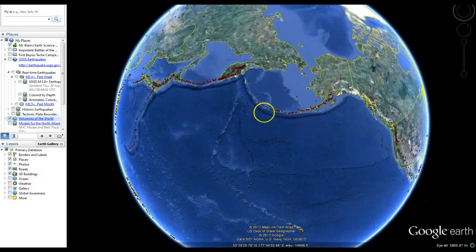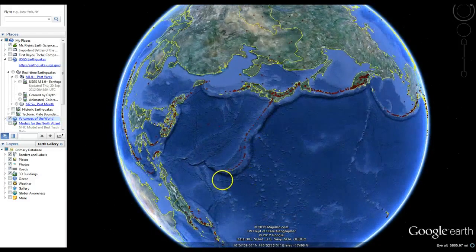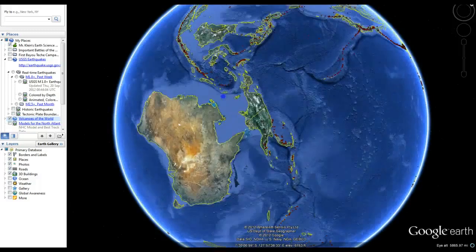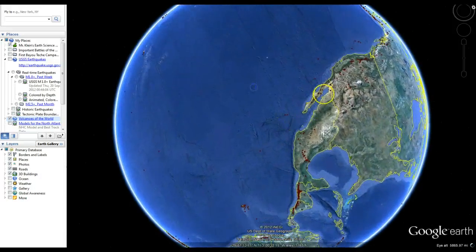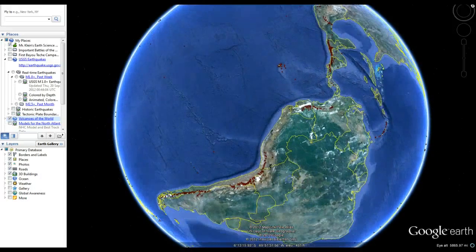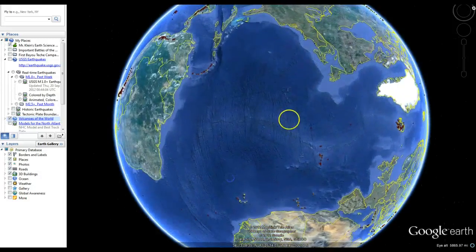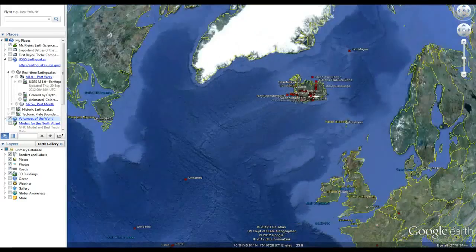There's a lot of volcanoes right here along this trench, and notice these volcanoes follow along these trench lines, and right here too, and there are even volcanoes in New Zealand. And if we go across the western United States and look at Central America, we see the same deep ocean right next to the land, the continental crust. Same thing in the Andes. So something must be up with that. And even look right here around Iceland, we see a lot of that.